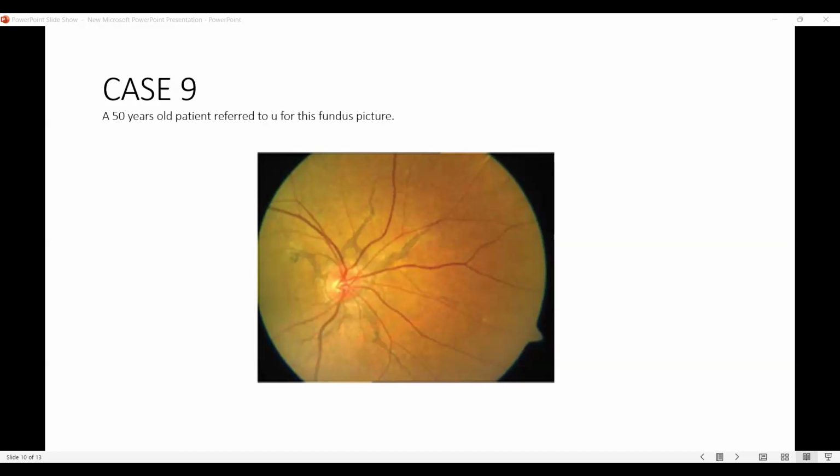Okay, then if there are no visual abnormalities, we can just observe this patient, and if there is CNVM, then we can treat accordingly with anti-VEGF, right? Yes, ma'am. Okay, then next case. Thank you.